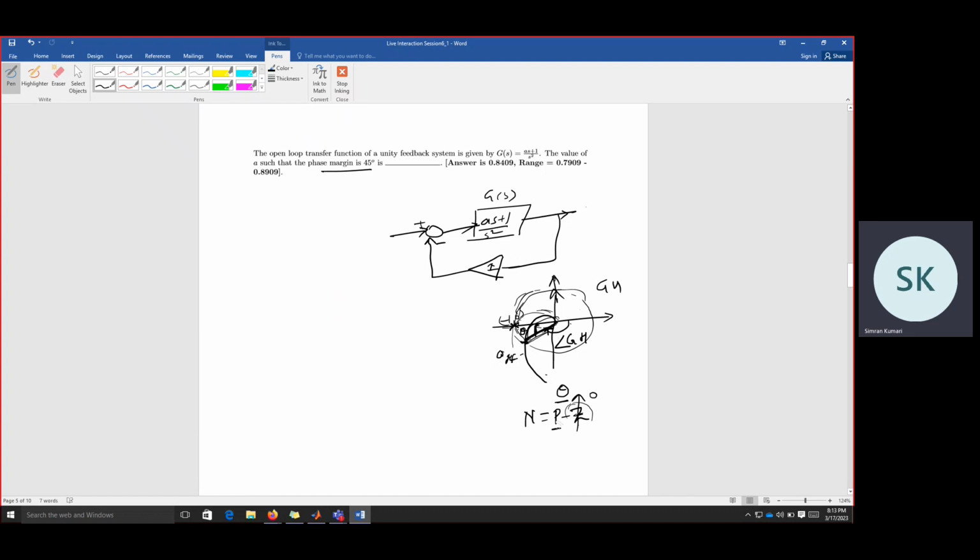So based on the number of poles in the right half plane for the open loop system, the encirclement should be the same. So this is the phase shift that will be provided, and this theta will be the phase margin.